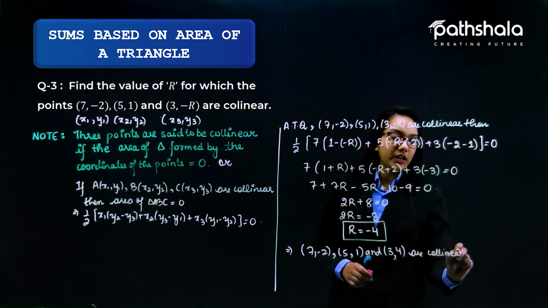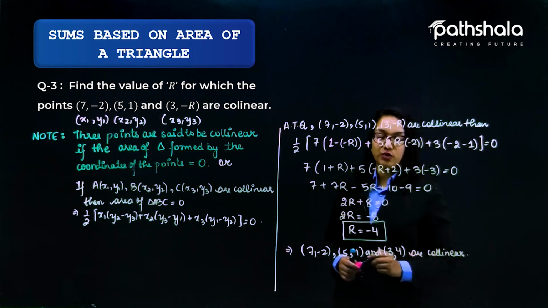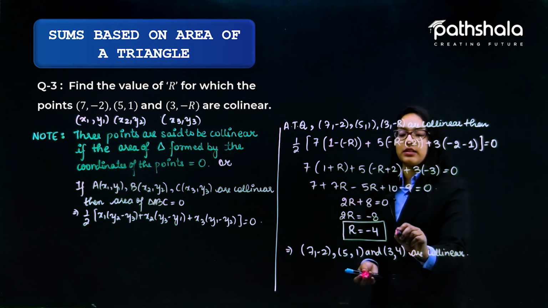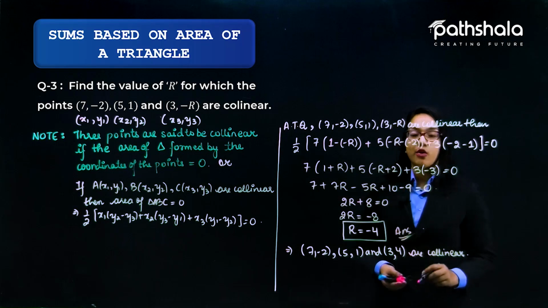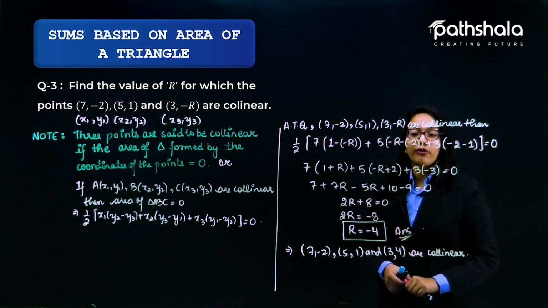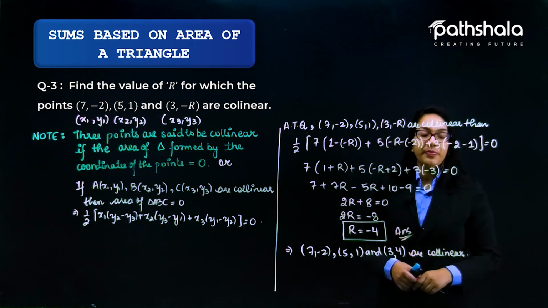If they are collinear, then the area of the triangle formed by these three should be equal to 0. So this is our answer, that the value of r at the end comes out to be minus 4, as you can see over here. This is the answer for the third question.